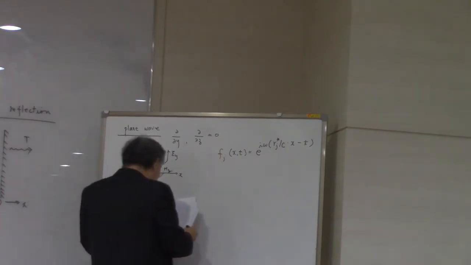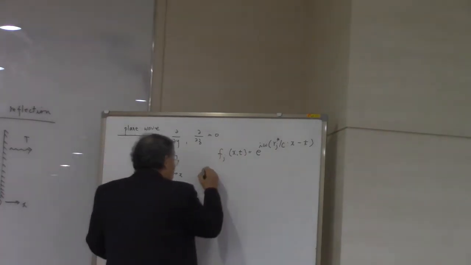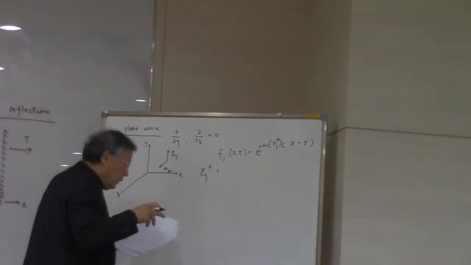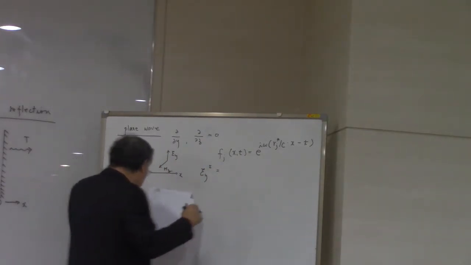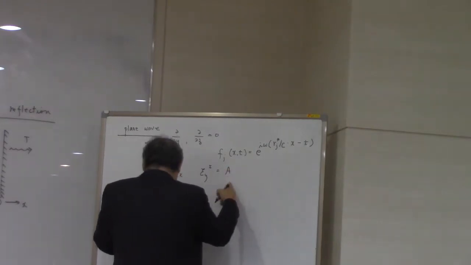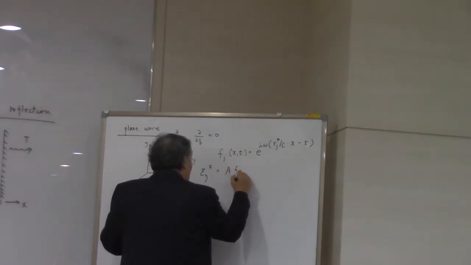Then epsilon y incident, we are going to write down the incident electric wave, and it can be written as the amplitude A times F1 of x and t.